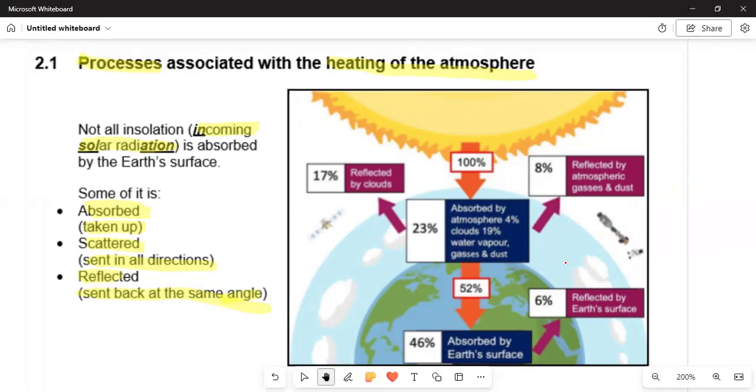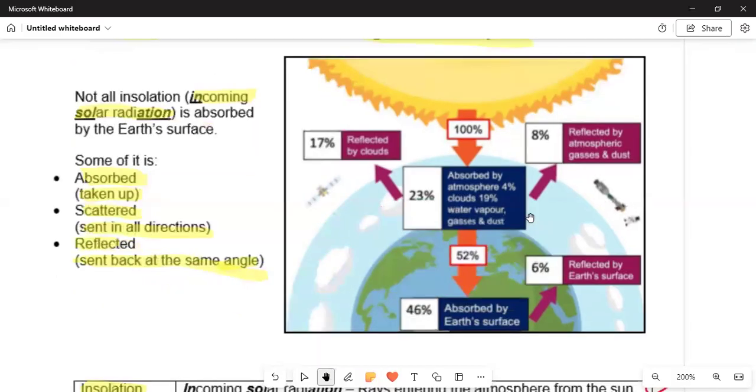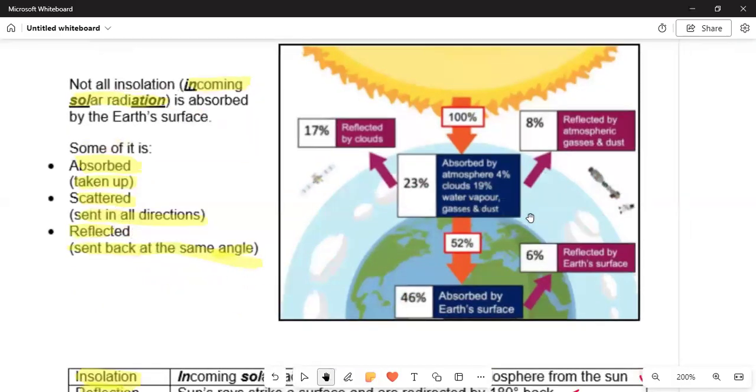And then we are saying that only 23% is absorbed by about 19% the water vapor and other dust particles, and 52% of it goes, and 46% is absorbed by the earth surface. So the earth surface receives 46%, and then the other one is absorbed by the ozone layer.